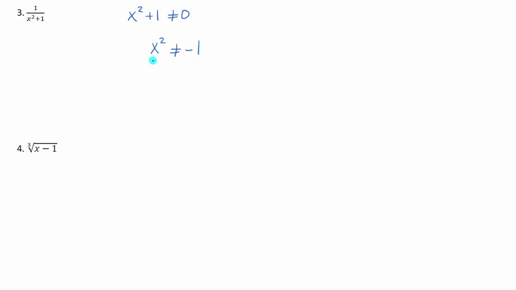Well, I know that that could only happen if we had imaginary numbers here. It's only the square of i that would give us -1. So in other words, all real numbers could be used here. So my domain is from -∞ to +∞.